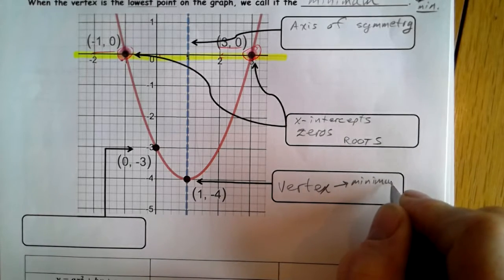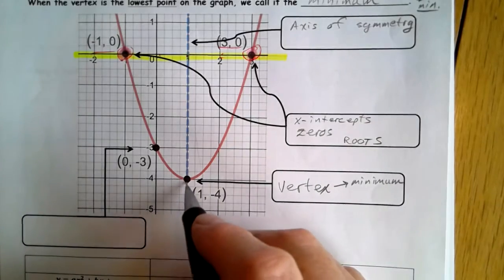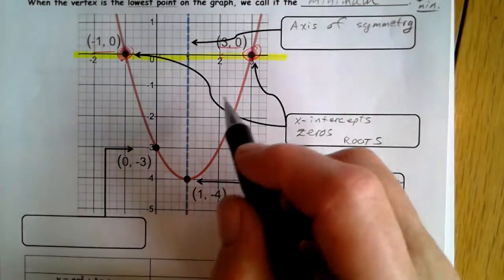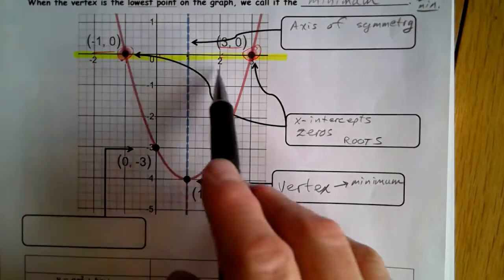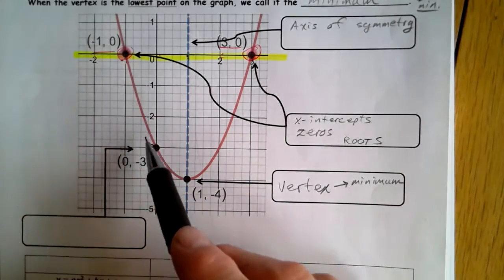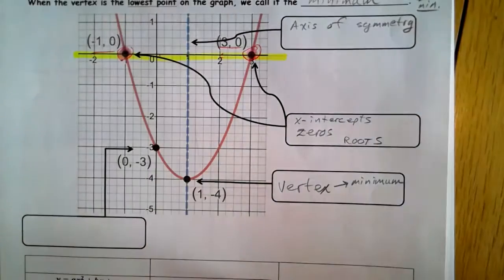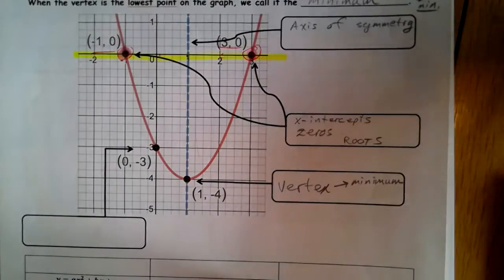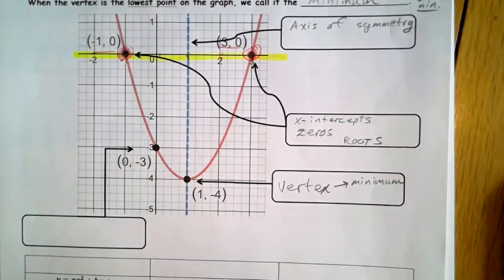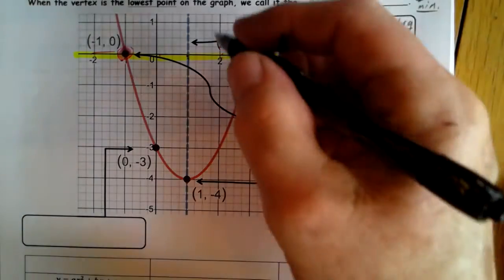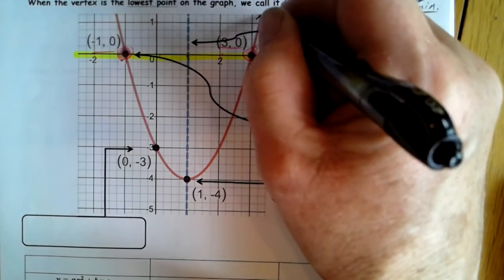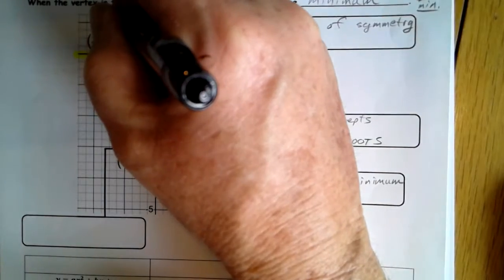Because this graph will never go lower than that point. As we go left on the x-axis, we go down, down, down, hit this point, and then up, up, up. Okay? So the graphing program we use does not allow it, but there really should be an arrow here, and there should be an arrow here because those graphs go on forever.